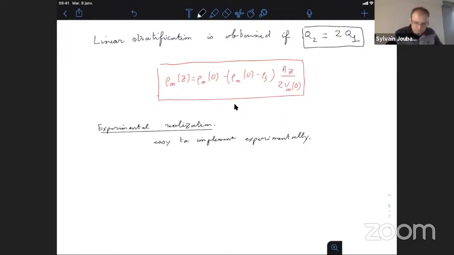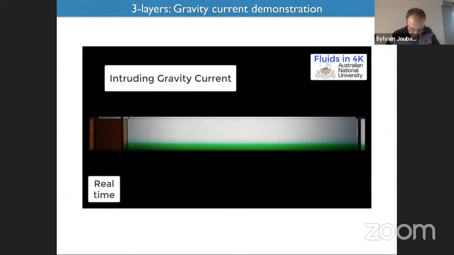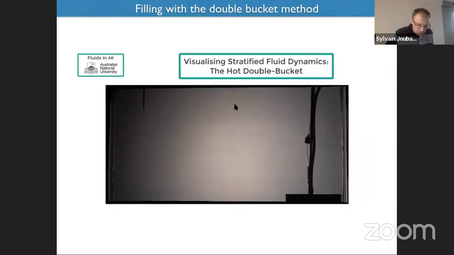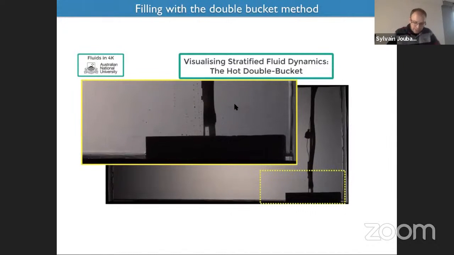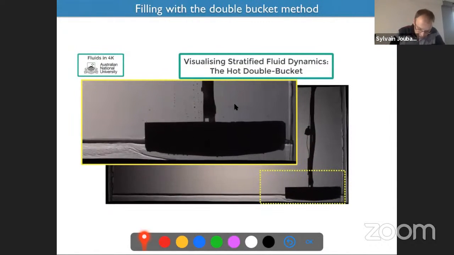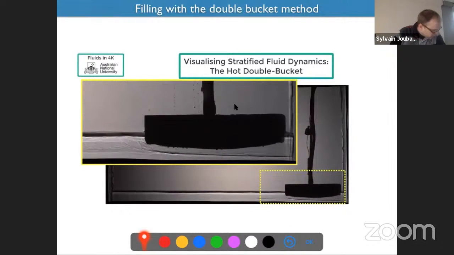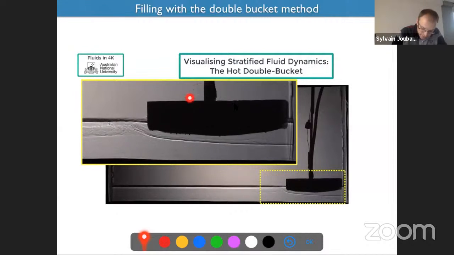I will show you an experimental realization, which is this one. It's also taken from this Australian National University movie. So the way they do the tank, the stratification, it's shown in this movie. You have a flotation device.